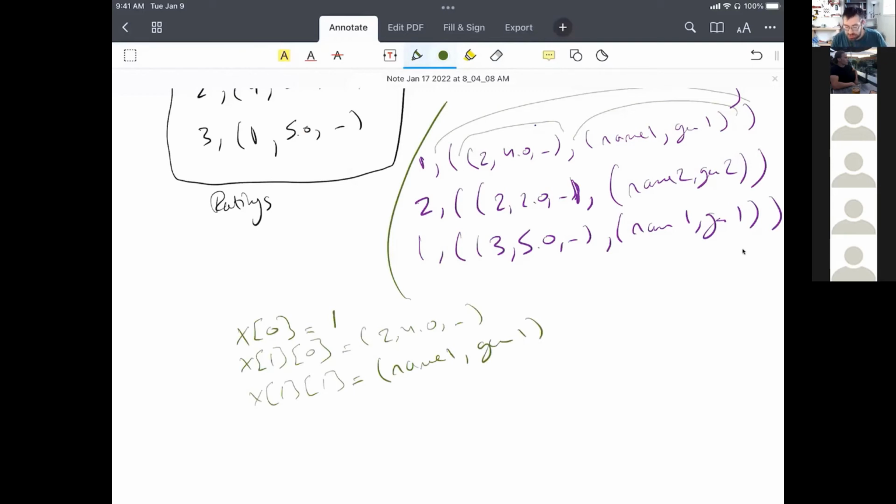So if you want to put all of these in one tuple together, we can create a tuple out of the x0 and then add the tuples together.